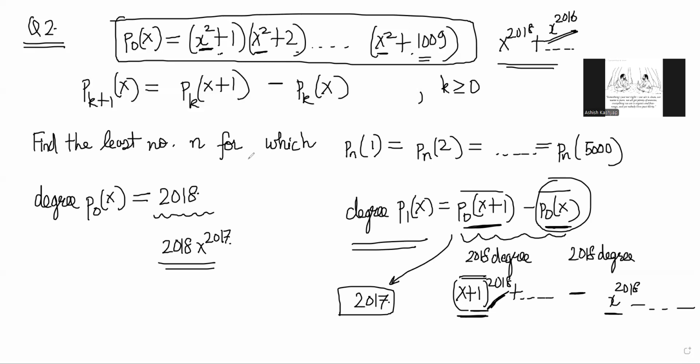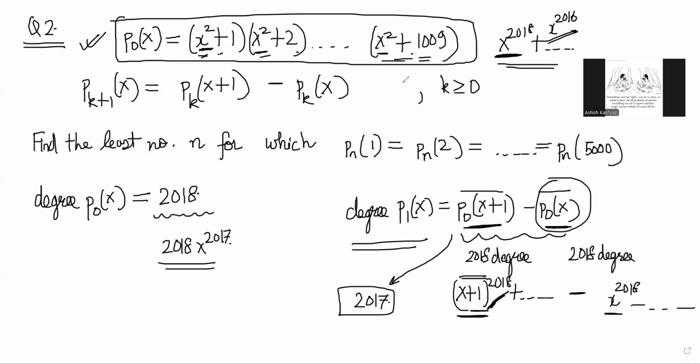Think about what I'm saying. In the expansion of P0 of x, what is the highest term? That is this one, right? What is the second highest term here? It will not be 2017. How can you get 2017? All the powers are squares. That is 2016.